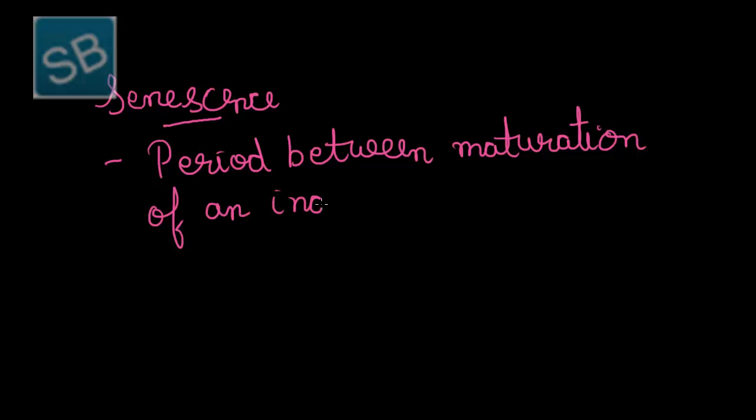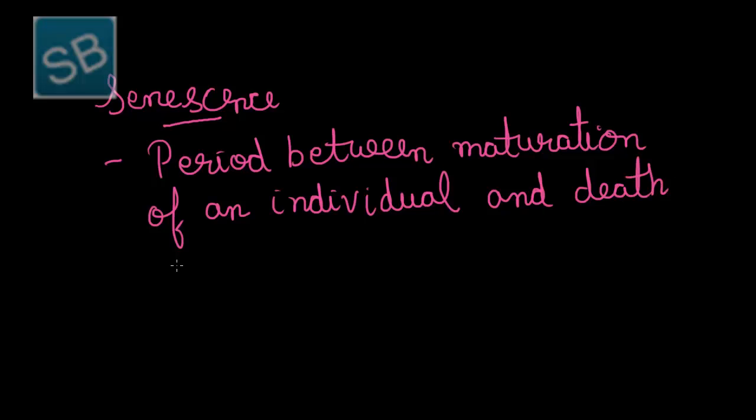This individual can be a plant, an animal, or any other organism, but here we are using it for plants. So, the time period between maturation and death of that individual defines the term senescence.